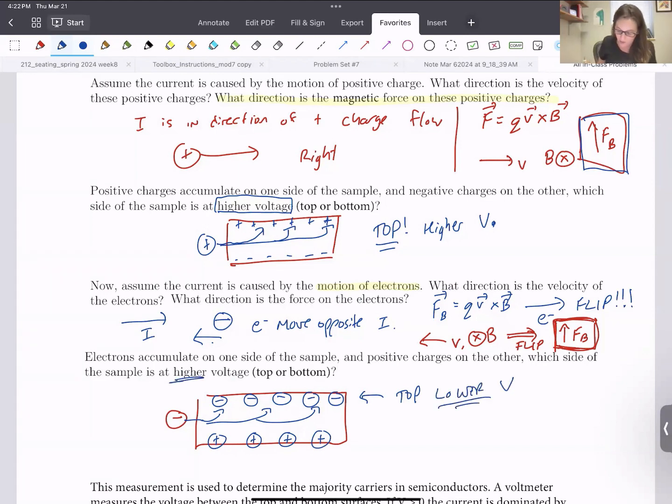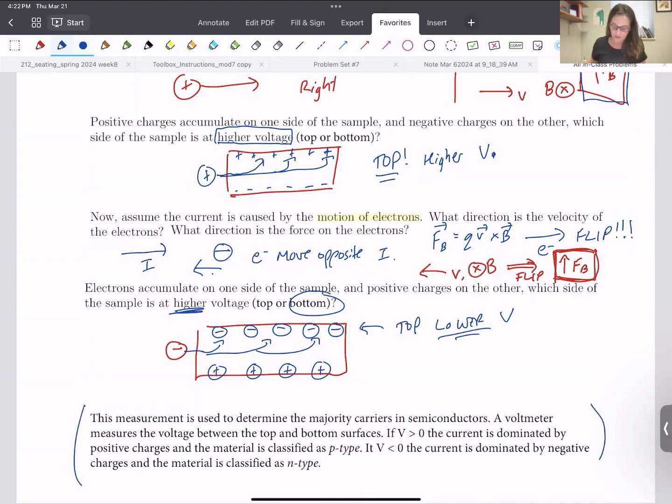And so the higher potential would be at the bottom now. So basically, I could tell by the sign of my voltage difference from top to bottom whether or not I have holes or electrons, which is very useful. And like I said, kind of explained down here in this blurb.